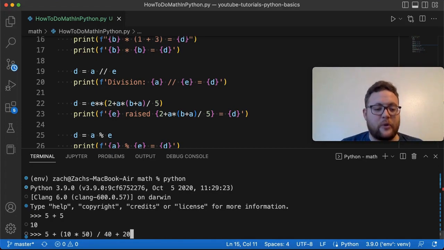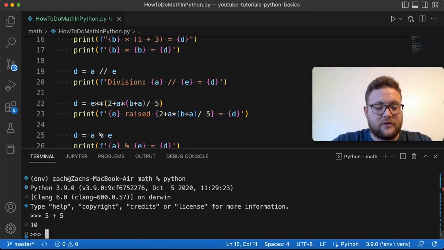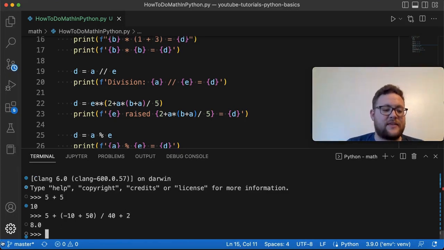I don't know, the order of operations still applies. It should evaluate this value here first, so we'll make it come out to something by using a negative value. So if I do 5 plus, negative 10 plus 50, divided by 40, plus 2, you'll see that the value comes out to 8.